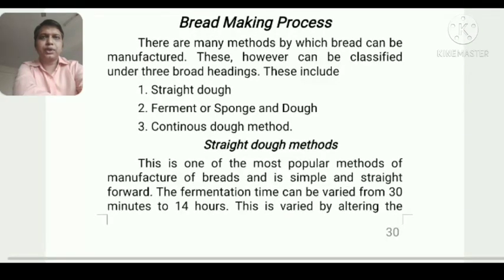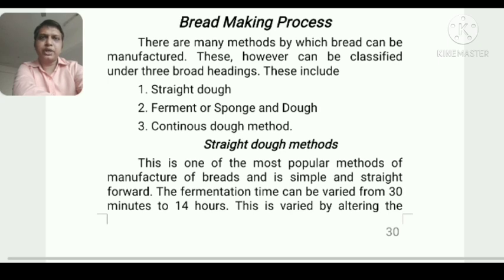We need to understand that lots of breads are produced, but every bread has almost the same ingredients. Some basic ingredients are the same, like flour, water, yeast, sugar, milk and fat. These are basic ingredients which we need to use for making any type of bread.